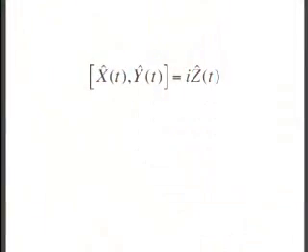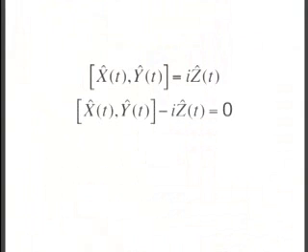And that's obviously a constraint on what the laws of motion can be. For instance, take this equation for the commutator of the observables x and y of a qubit. Rearrange it, and you get a quantity which the laws of motion have to prohibit from ever changing at all. It has to stay fixed at 0 for all time.